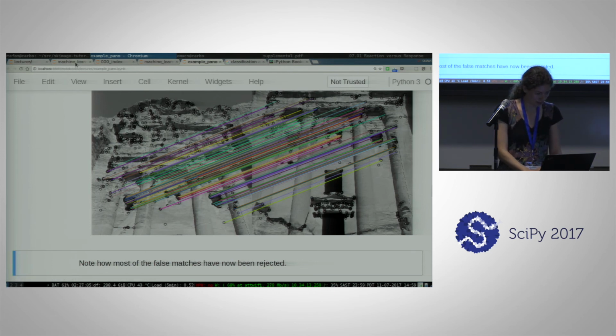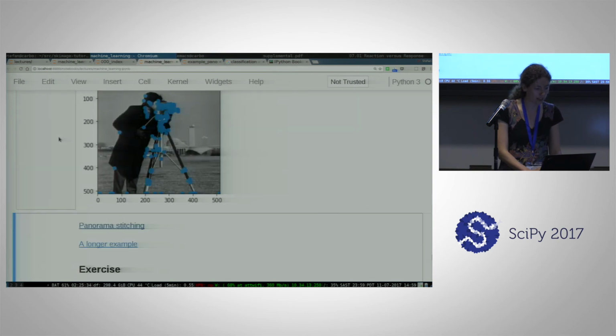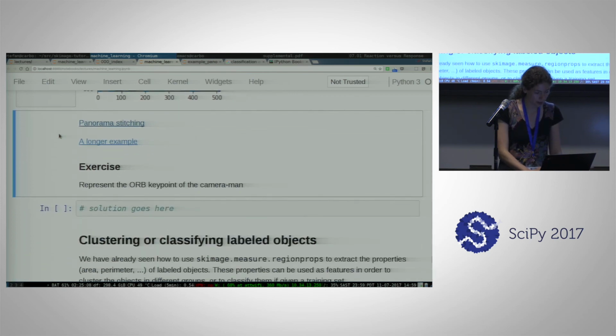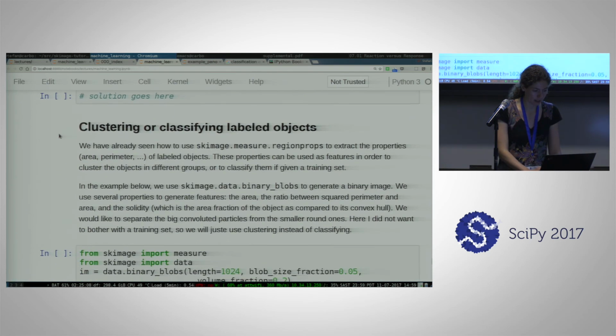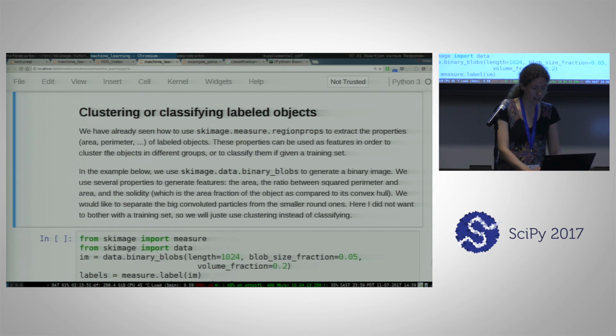I will take now 10 minutes for my last example. So I'm going back to the machine learning notebook for the last part, which is clustering or classifying labeled objects.